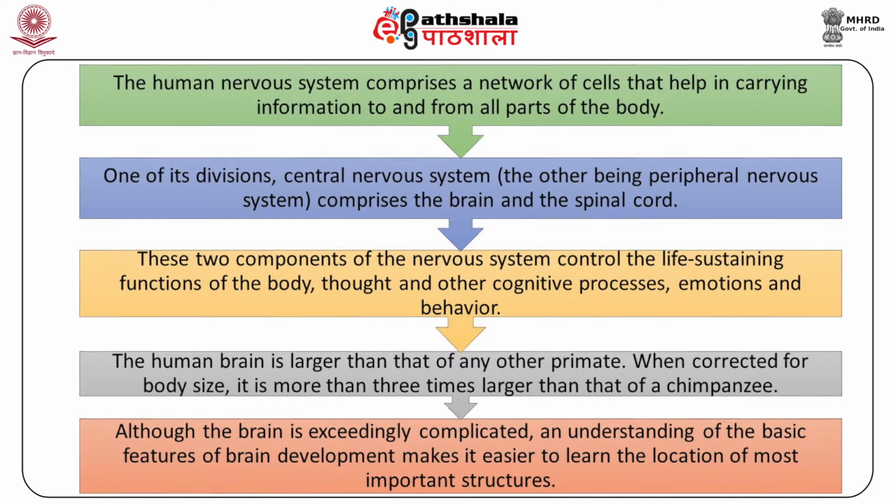These two components of the nervous system control the life sustaining functions of the body, thought and other cognitive processes, emotions and behaviors. The human brain is larger than any other primate. When corrected for body size, it is more than 3 times larger than that of a chimpanzee.